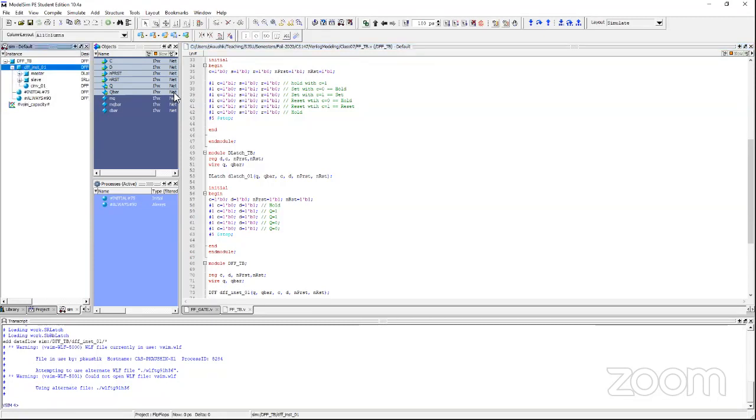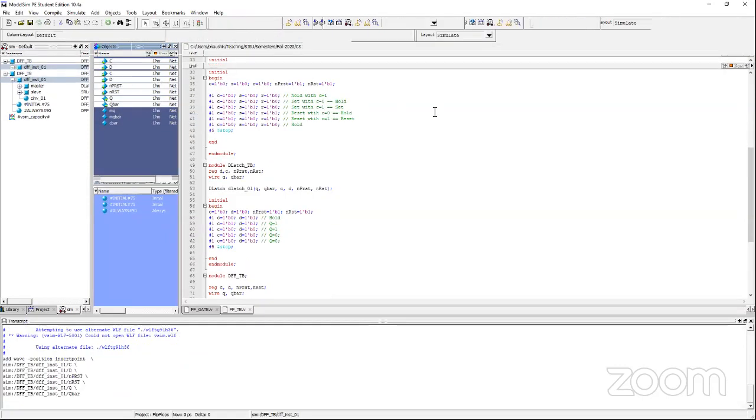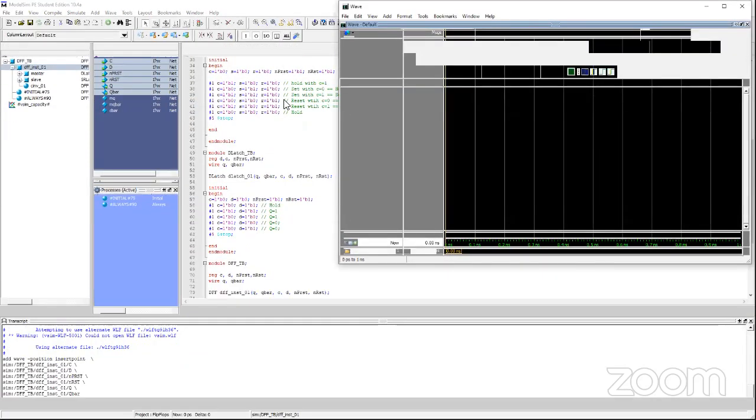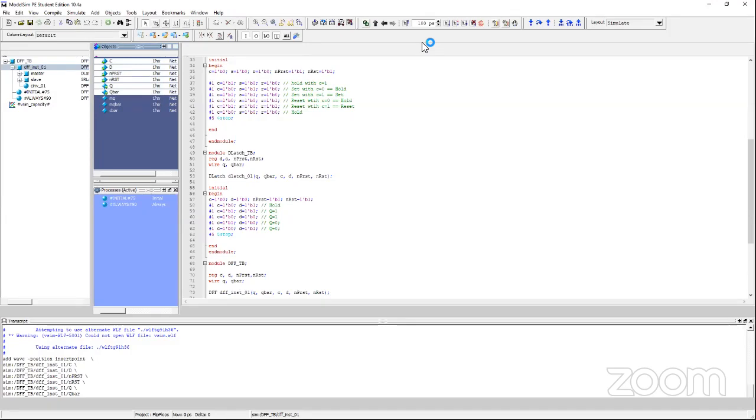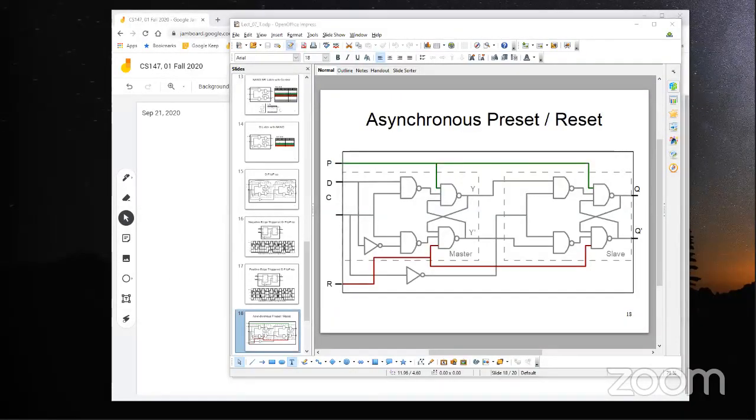Okay, let's load them on the web. Let's try to simulate it. Oops. Apparently it crashed. Sorry for that. Let me open up the models once more.